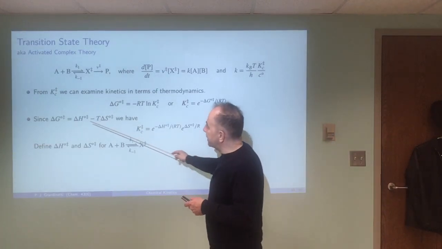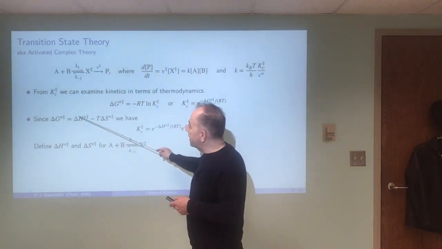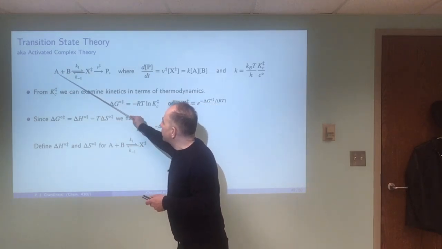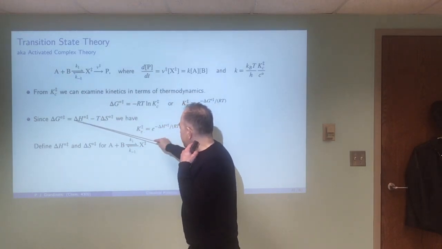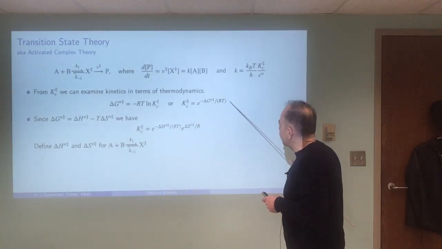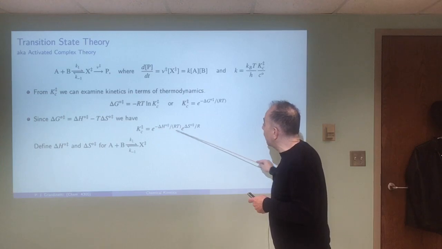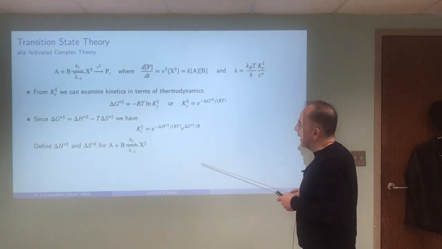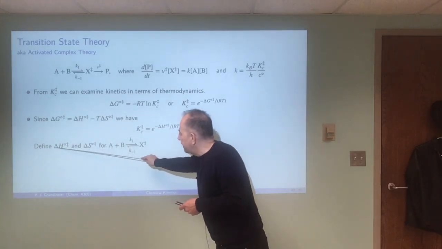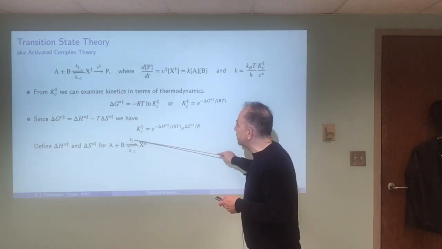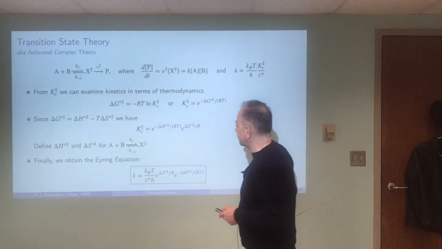And we also know that the Gibbs free energy is related to the enthalpy and the entropy change for that reaction with this expression. So I can take this further and divide it up into 2 terms for the enthalpy and the entropy. And these are, again, the thermodynamic quantities associated with this reaction.